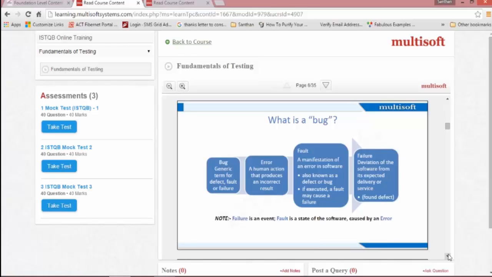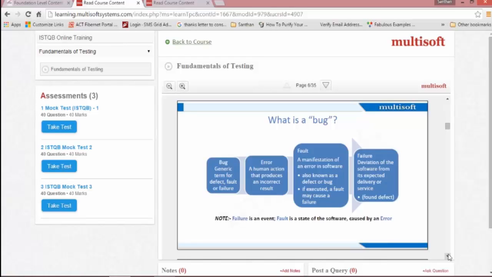While the end user is exercising that application, if the application deviates from the end user's expectation, that time we call that a failure. Failure is nothing but deviation of the software from its expected delivery or service. Failure will always happen at the end user side. That means after releasing the product to the market, if any end user exercises the application and finds any deviation from his expectation, that will be called a failure.